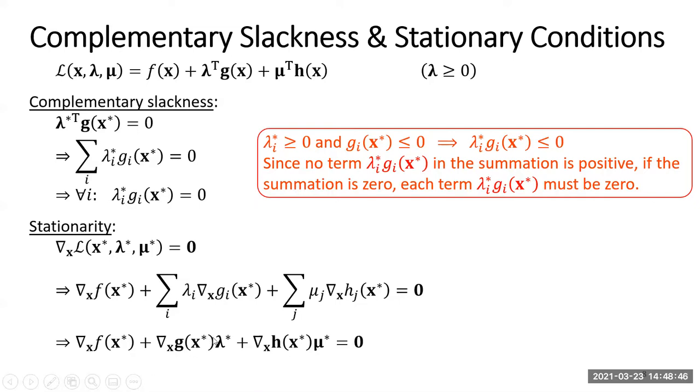Now, when we are looking at vector functions, bold G and bold H, their derivatives will be matrices called the Jacobian matrix. And so this is how we express the stationary condition in vector form. So these are the Jacobians of G and H.